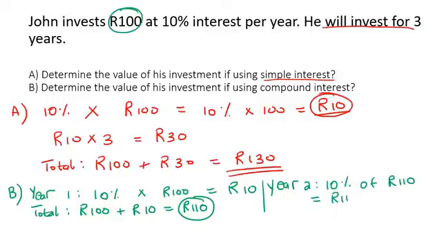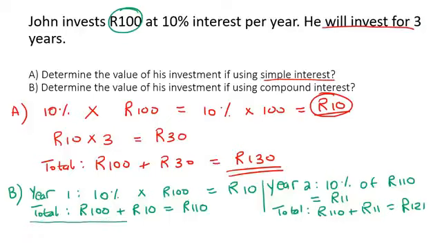So for year number 2, he earns 11 Rand. So how much will he have at the end of year number 2? Well, you take how much he had at the beginning of year number 2, plus however much he earned in year number 2, and he now has 121 Rand. Now, when we go into year number 3, well, let's put a little line over here.